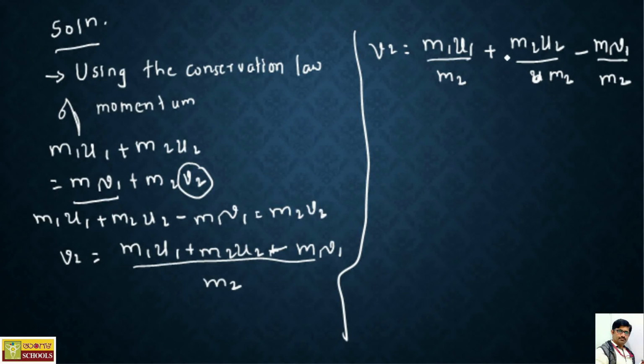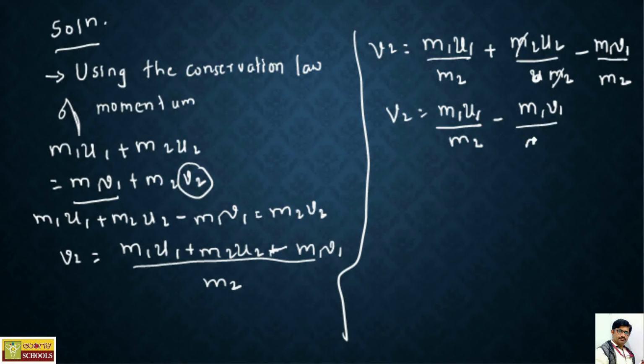So for this, m2 gets cancelled, u2 is left with v2. Sending this whole term to the other side, first you write m1 u1 divided by m2 minus m1 v1 by m2. You are left only with plus u2.